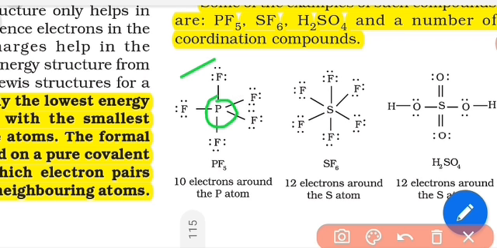So in this way, in its outermost shell, it contains 10 electrons, more than 8. In SF6, sulfur is the central atom, and since it is bonded with 6 fluorine atoms, it has 12 electrons in its valence shell, again more than 8. So in this way, the octet rule doesn't explain the formation of these molecules.